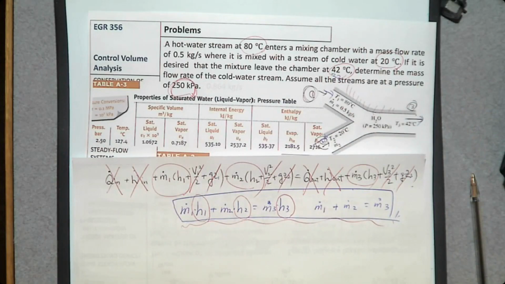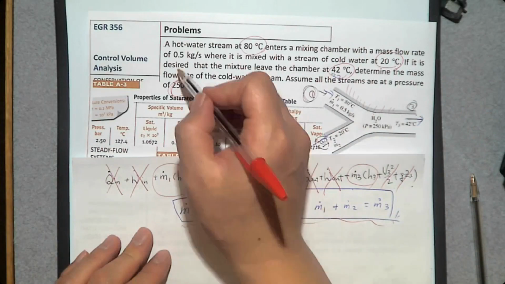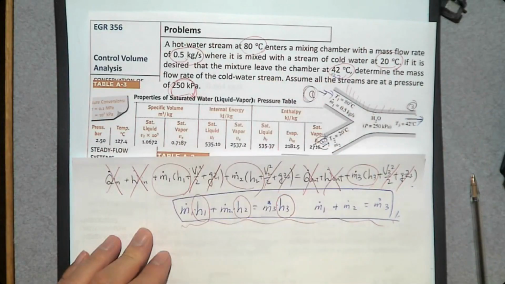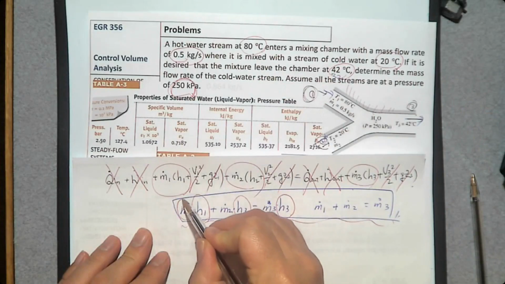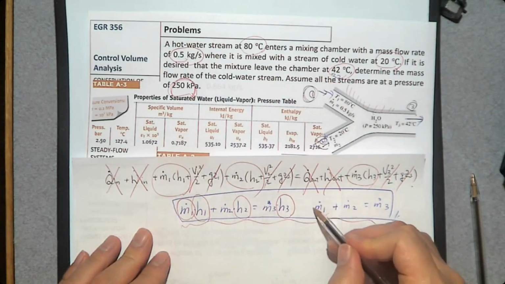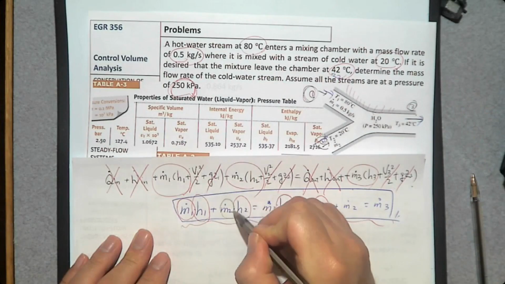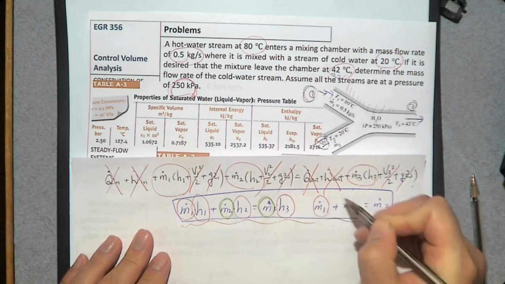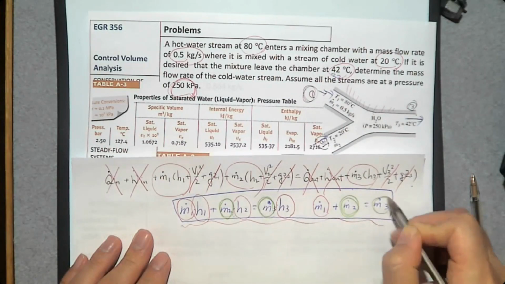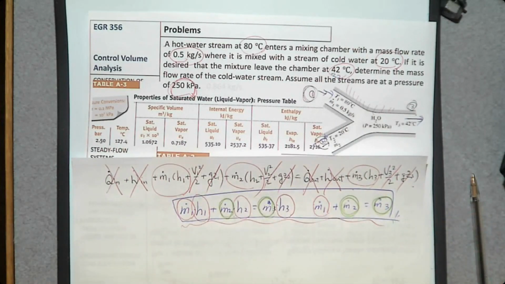We also know the mass flow rate at number 1, which is 0.5 kilograms per second. So we know M dot number 1 here. So the only unknowns are M dot number 2 and M dot number 3. So we have two unknowns and two equations. So we can determine the mass flow rate at the inlet number 2, M dot number 2.